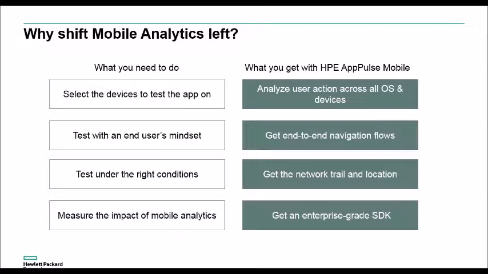Now, there's another reason why we are suggesting that all of our mobile team and customers shift mobile analytics left. If you think about it, mobile analytics is our SDK, our third-party code that you're going to embed in your mobile app. Now you have to understand that this SDK can actually impact the user experience. So those mobile analytics and SDKs are here to monitor the user experience, right?